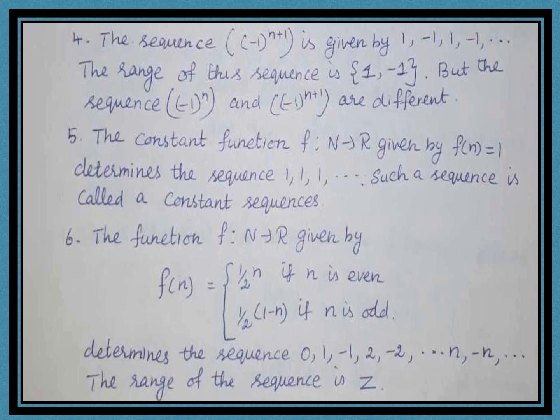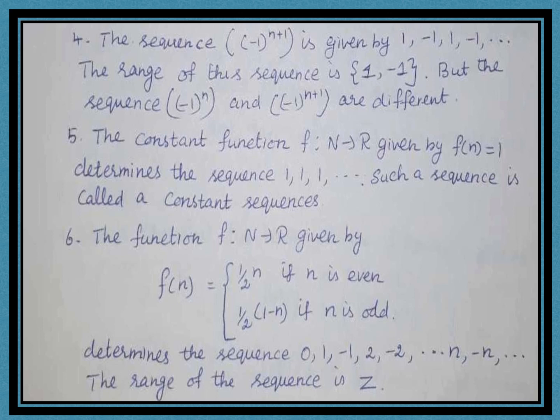Therefore, the sequences are different. The next example is an example for a constant function and hence a constant sequence. We are considering the function f from N to R defined by f of n equal to 1. We have the sequence 1, 1, 1, etc.